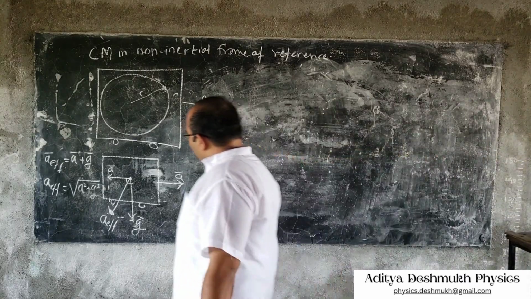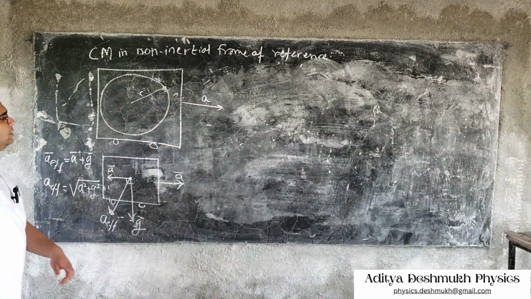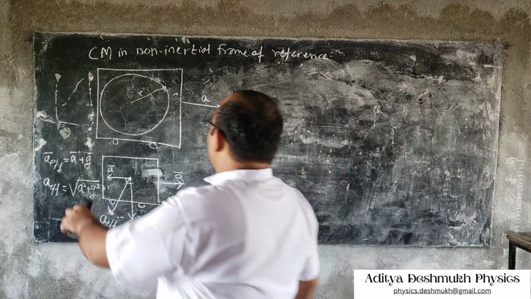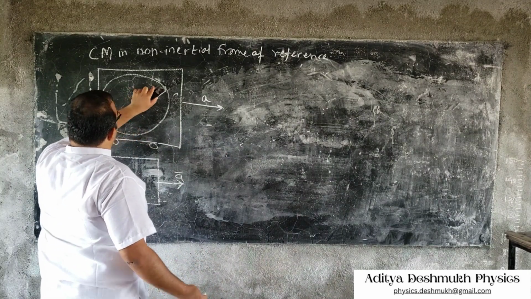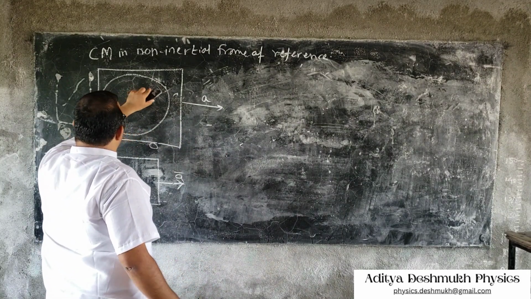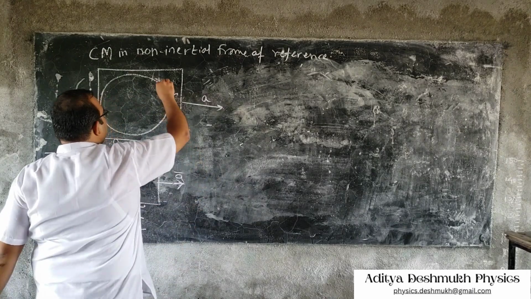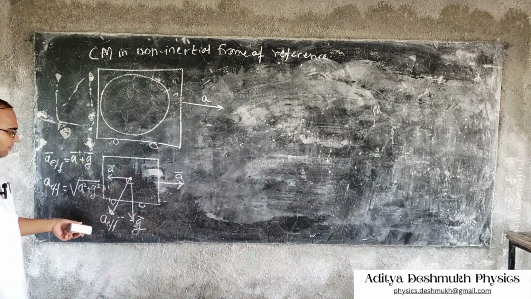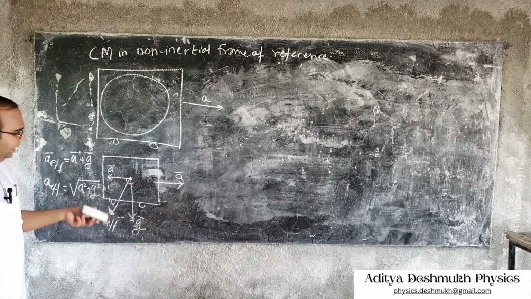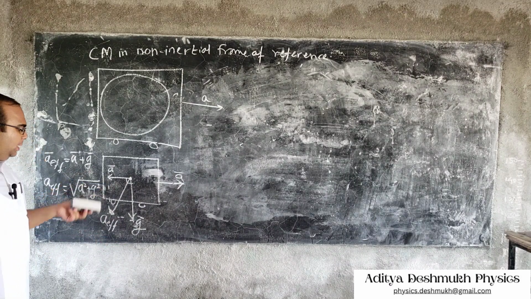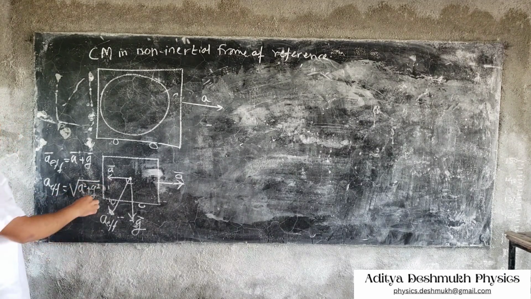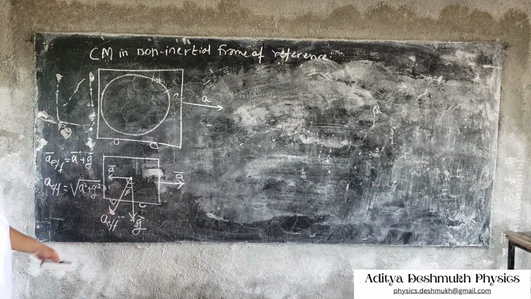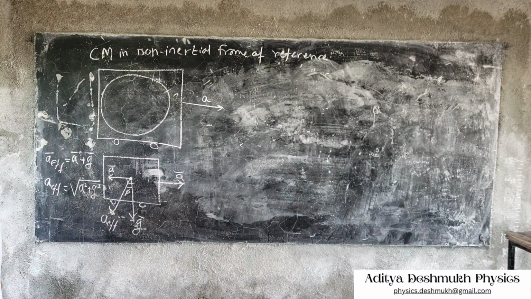So now let's come back to our circular motion. The effective acceleration, which is caused by acceleration due to gravity and the frame of reference, is now at some angle phi with the vertical.